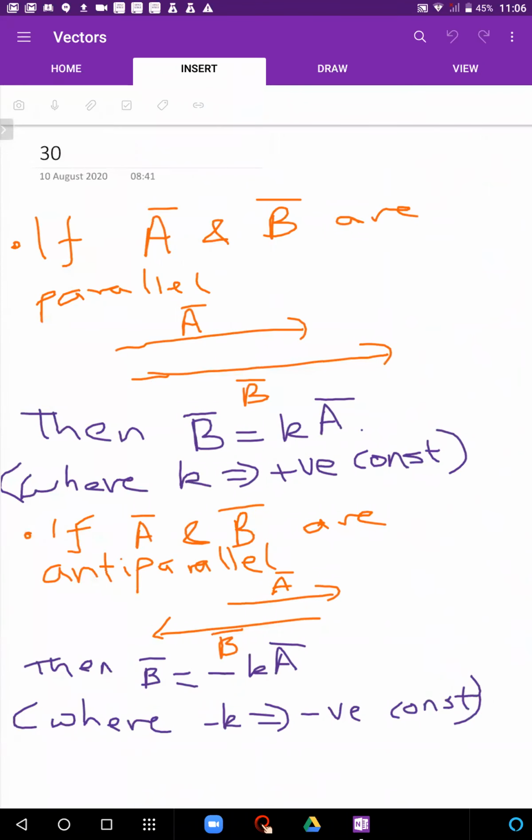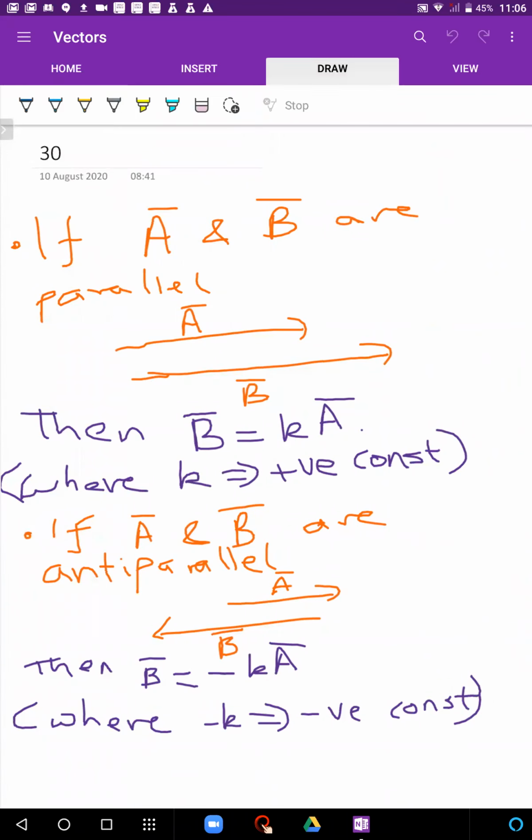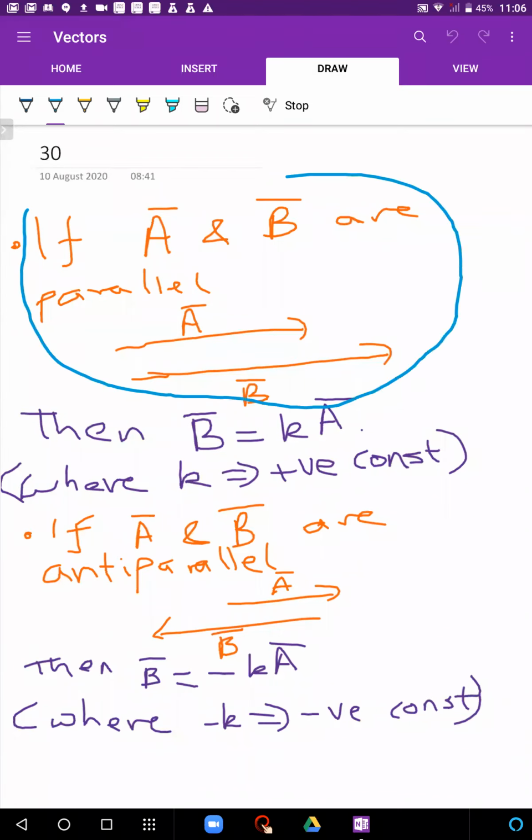So slide 30 में क्या है? What I'm saying is if A bar and B bar are parallel, then it's going to look like this.